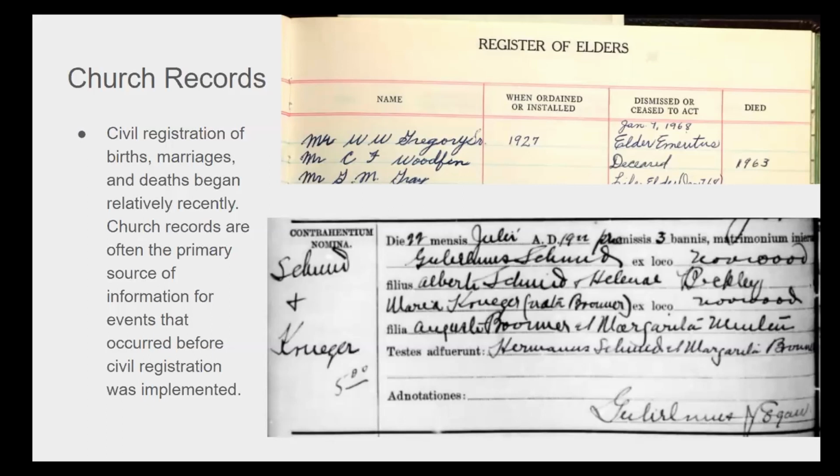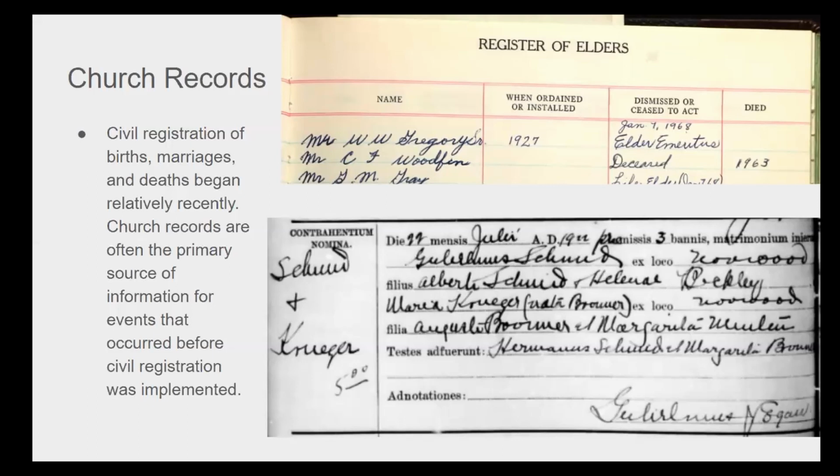Looking here, we have the surnames of the couple at the left. The record says that the marriage took place on July 22nd, 1922. If you look at his name under the date of the marriage, it doesn't look like William, and it's actually the Latin version of his name. That's why it looks a little bit different.